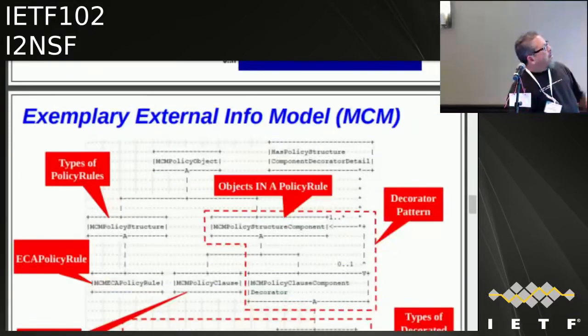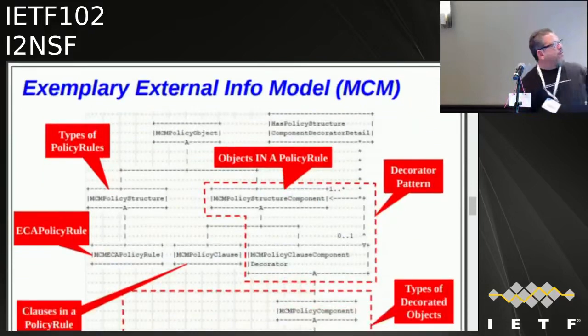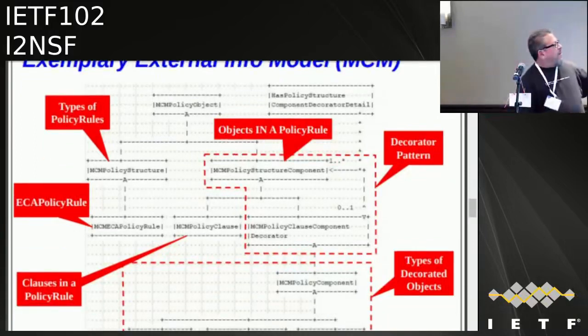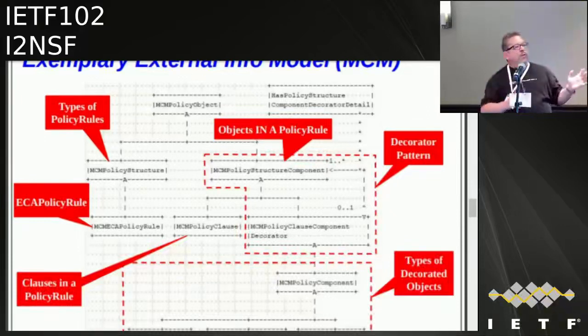So this is an example of a fairly complex industry standard. This is from the MEF. MCM stands for the MEF core model. And I've used these little highlights to show points where NSF could attach.